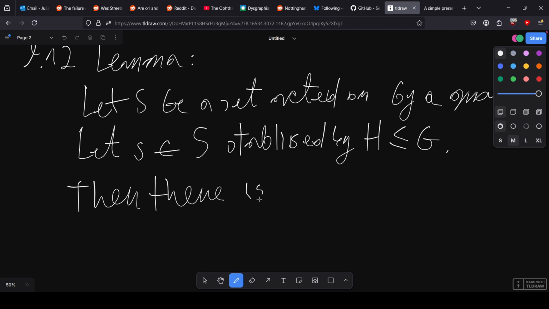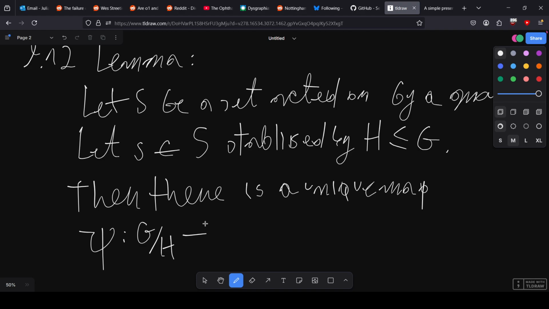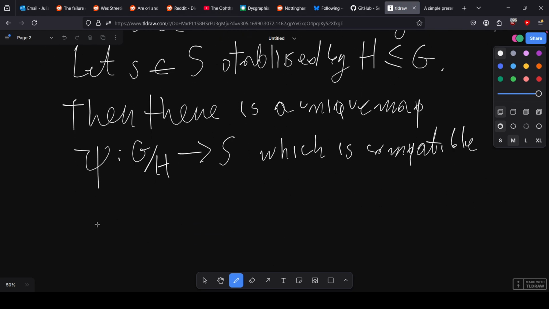Then there is a unique map, which we will call psi, that goes from the set of cosets of H in G into S, which is compatible with actions of G on both.